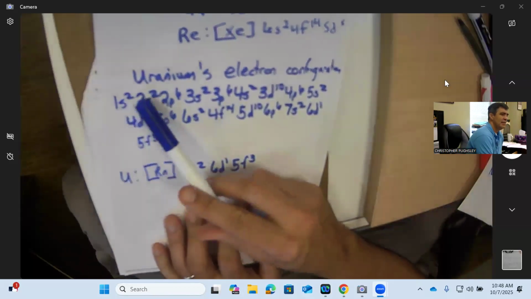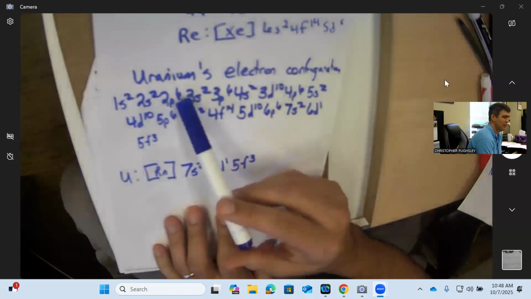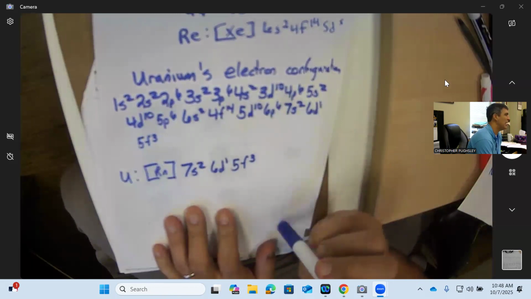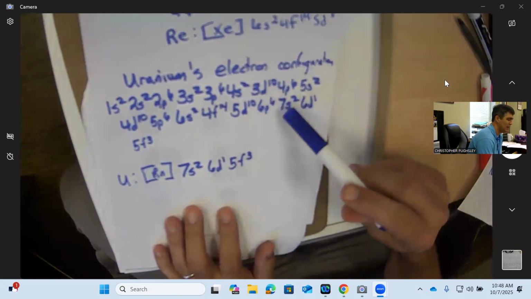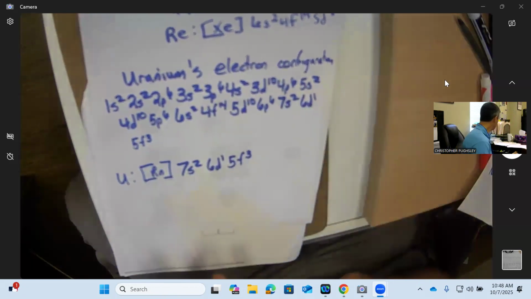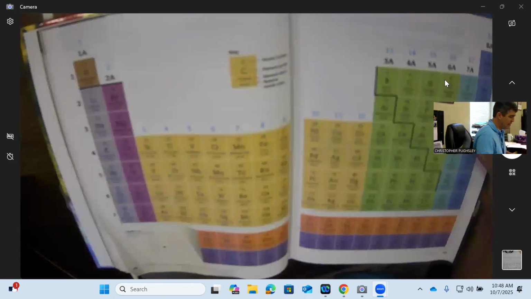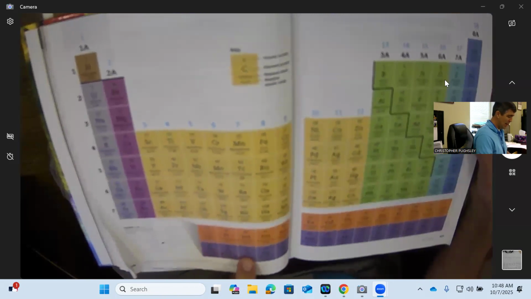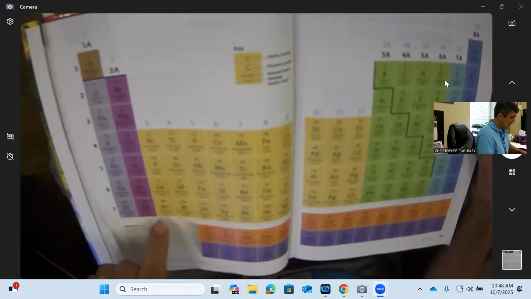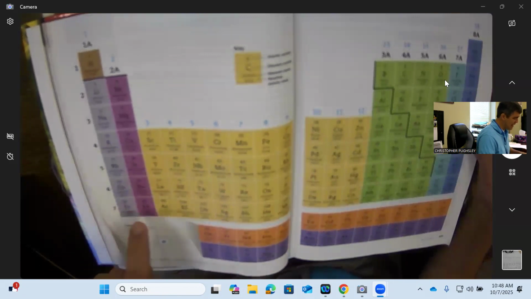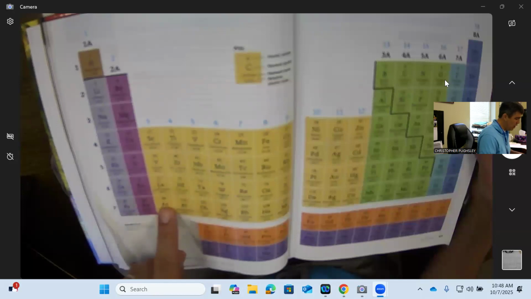All right. Uranium's electron configuration. It's got 92 electrons, first off. But the part that's probably the most interesting for you and me are these last ones. Uranium is on this, right here. It goes in the 7th energy level. So that's 7s2. That's going to be 6d1.